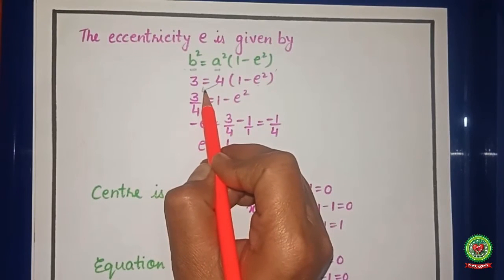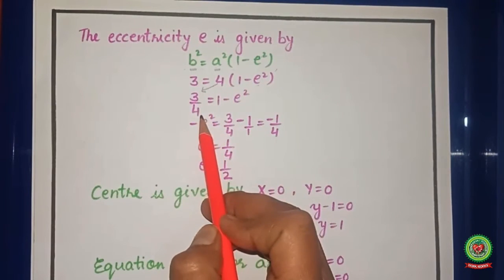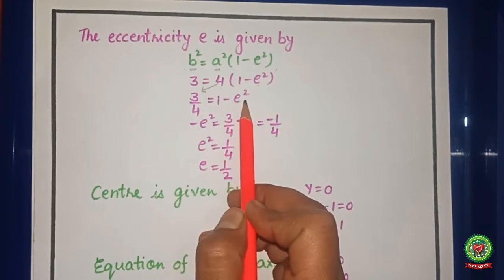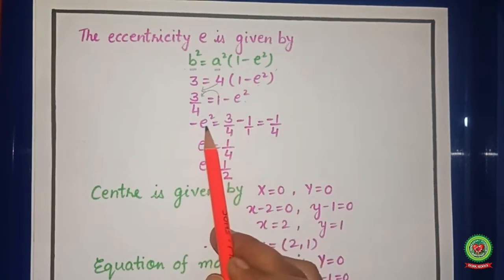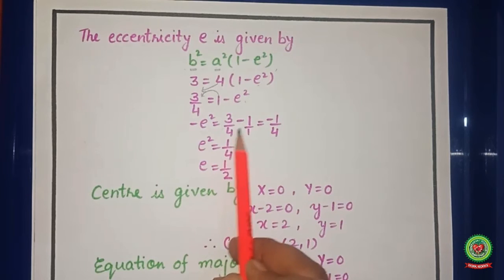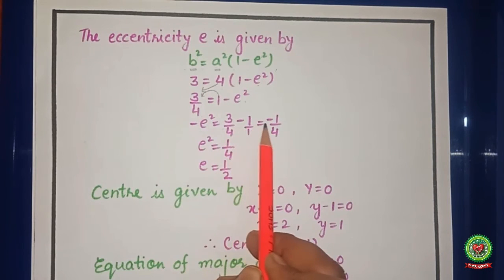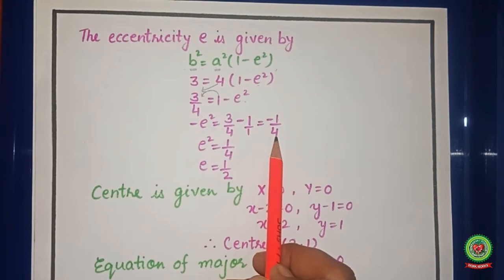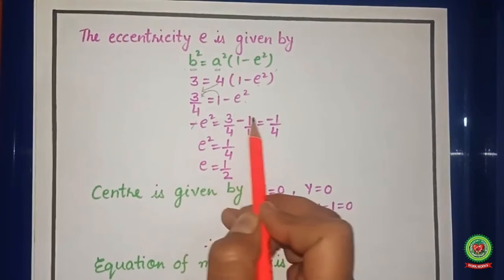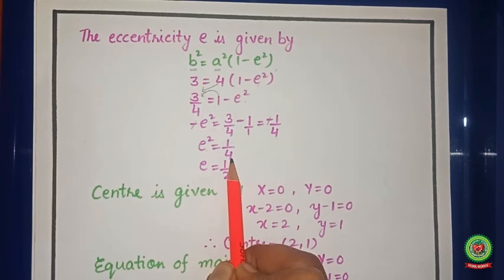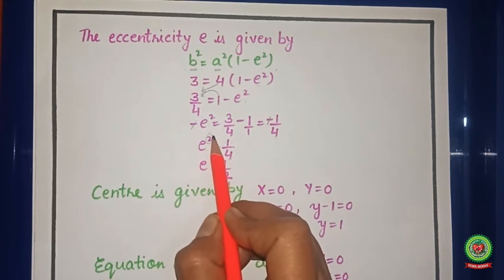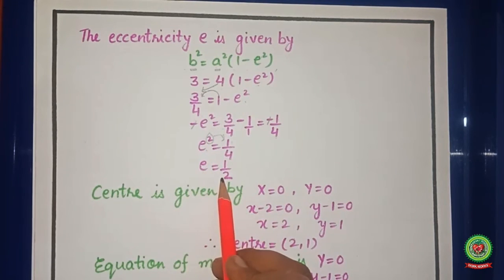So, shifting 4 to the left hand side, 3 by 4 equals 1 minus e square. Now, shifting 1 also, minus e square is equal to 3 by 4 minus 1. On simplifying, we will get minus 1 by 4. Here minus cancels with minus. So, we are left with e square is equal to 1 by 4. Taking the square root, we get the value of e, that is 1 by 2.